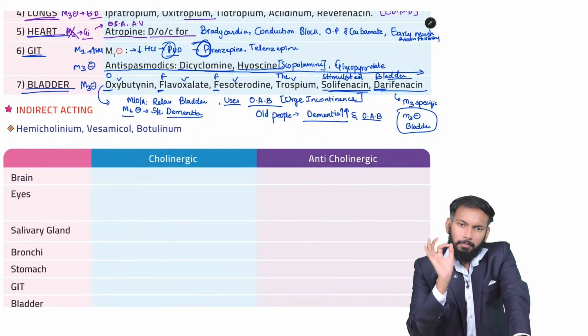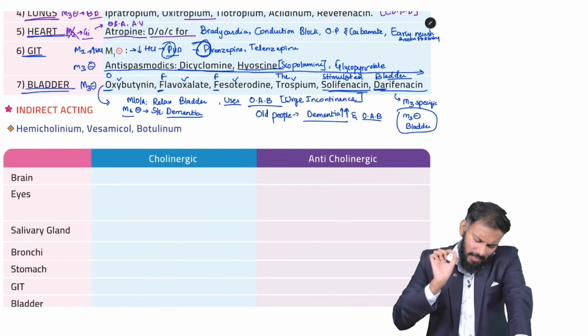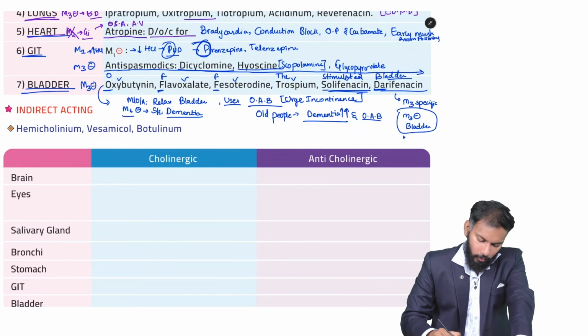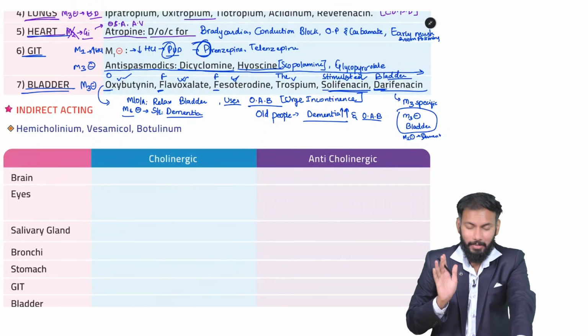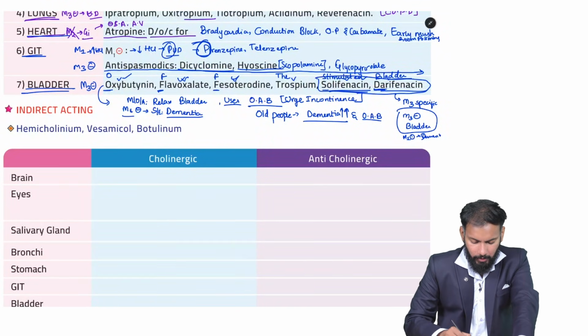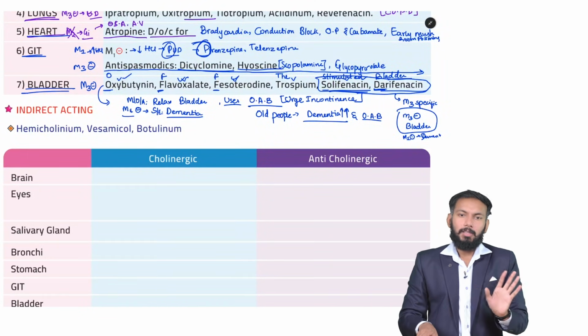Now, does that mean it only acts on M3? No, it acts mainly on M3. That means there is some action on M1 also, very, very little. So it has some dementia risk. But if you ask me which is better among oxybutynin, flavoxate, fesoterodine, solifenacin or darifenacin, obviously the answer is solifenacin or darifenacin. Did you understand this much?